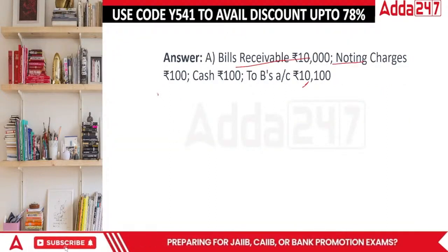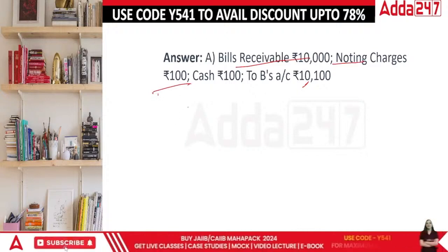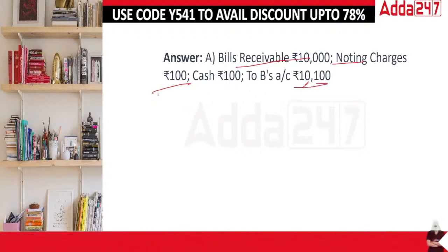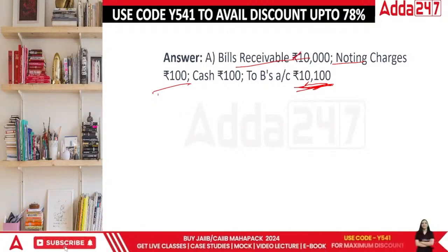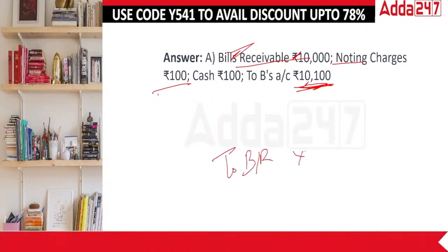The noting charges are of rupees 100. That means the amount that should be paid is 10,100, because the organization is facing a little trouble as the bill receivable, the right to receive money, has gone.